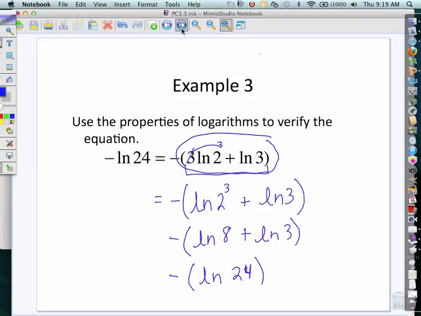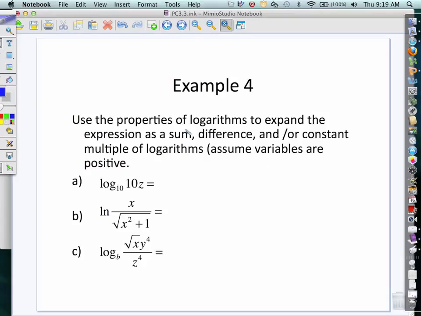All right, we're going to go ahead and look at the next examples here, just trying to condense and expand, getting used to these rules. Use the properties of logarithms to expand the expression as a sum, difference, or a constant multiple of logarithms.